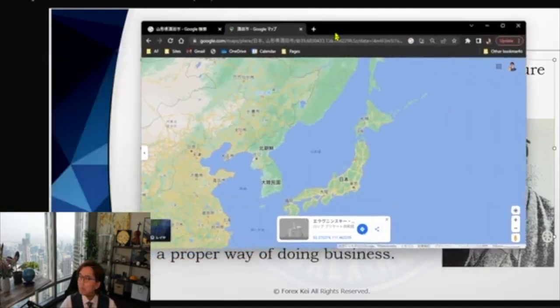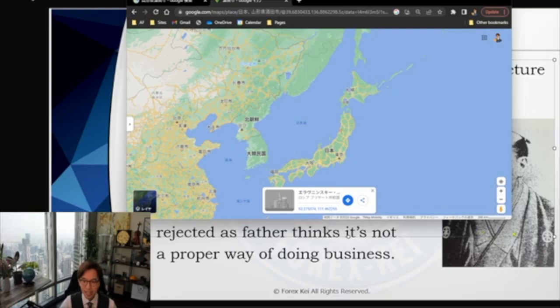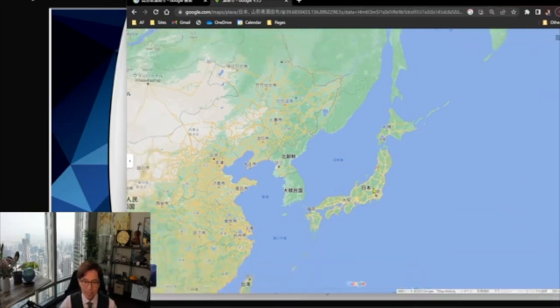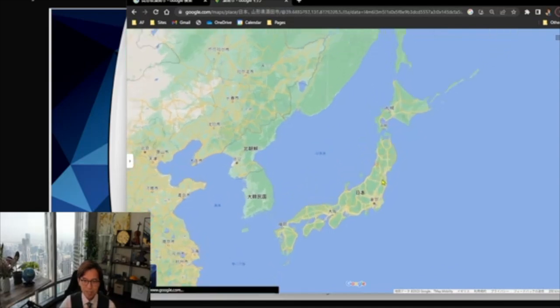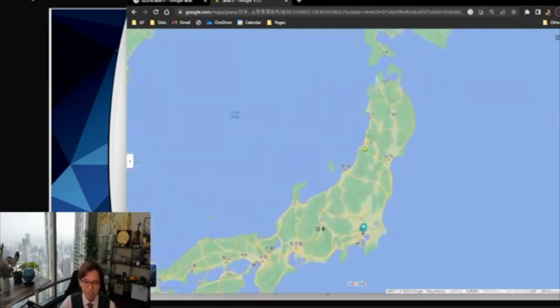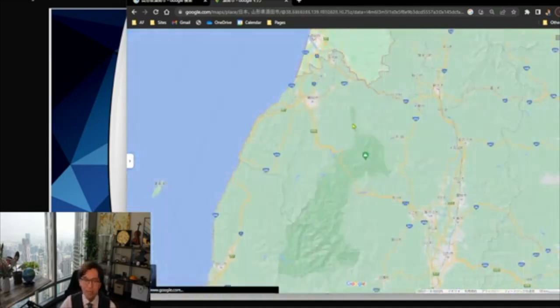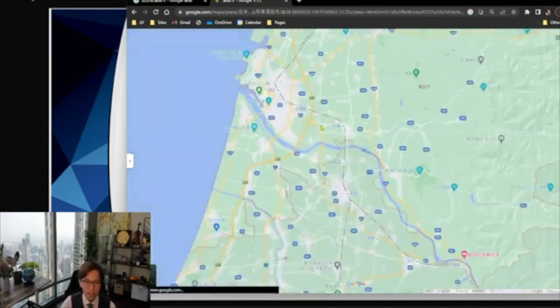So here is a map. This is Google Maps, and this is the map of Japan. And if I just zoom in, then you see this red dot circle. This is Sakata City. So if I zoom in more, then you can see that Sakata City is here.